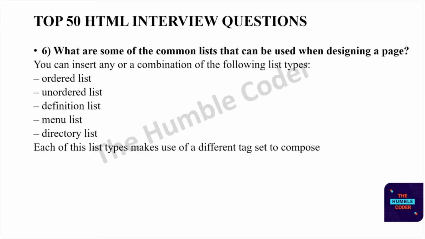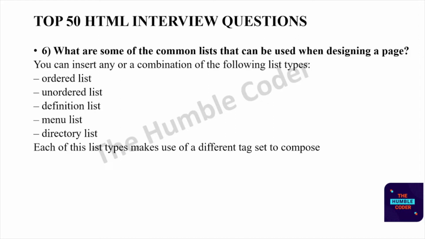What are some of the common lists that can be used when designing a page? You can insert any or a combination of the following list types, that is ordered list, unordered list, definition list, menu list, directory list. Each of these types makes use of a different tag set to compose.